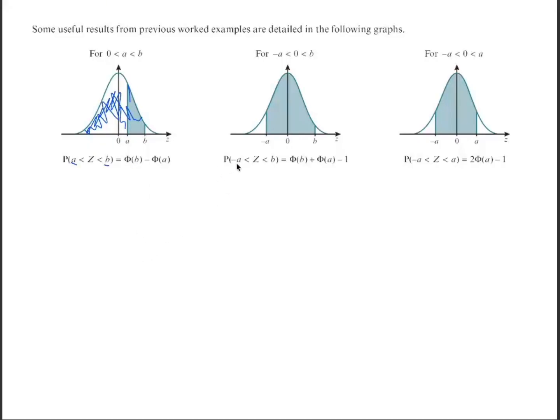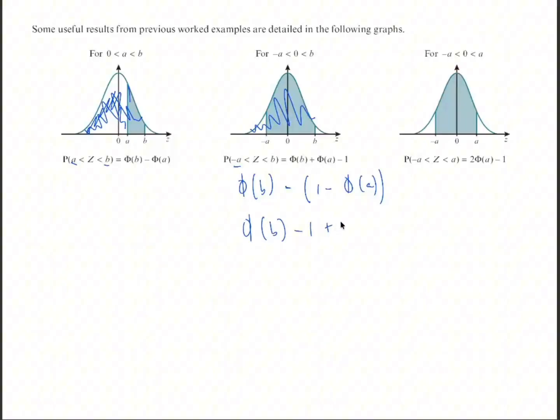Then what if one of them was negative? This was the example we did, which ended up being the phi value of b, which gives us all the area to the left, minus 1 minus the phi value of a. If you rewrite this, we get phi of b minus 1 plus phi of a, which gives us phi of b plus phi of a minus 1.